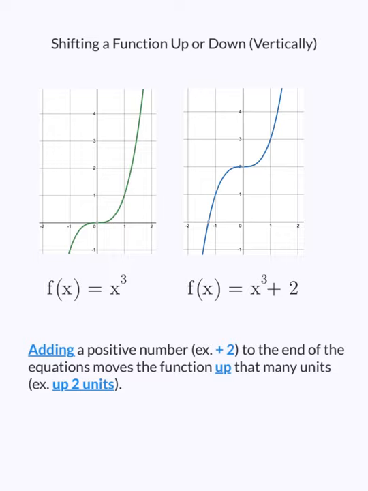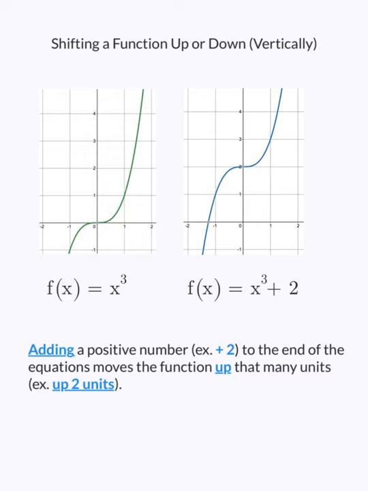Now we're going to talk about how to move a function up or down, which is a vertical shift. In this situation, we don't have a negative because we're not reflecting about the x-axis. Instead, we've added this plus 2 to the end of the function, although technically, as long as x cubed stays together, under the commutative property you could write this a different way.